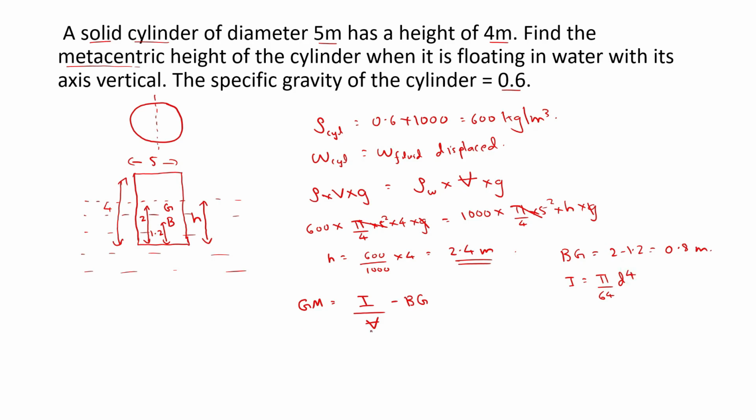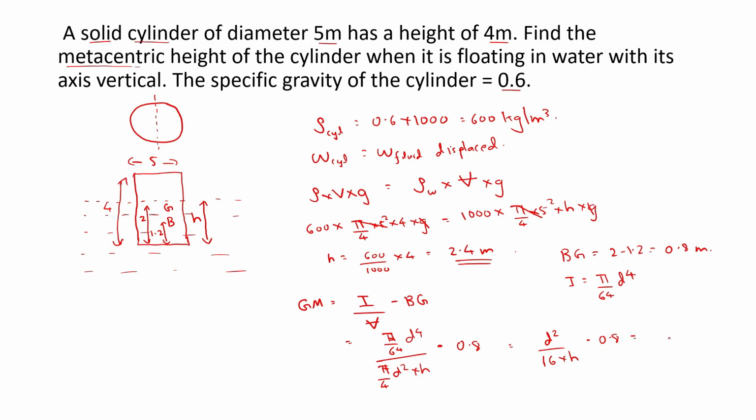And the volume displaced, you know the formula, is pi by 4 d square into h, minus BG, which is 0.8. So that is equal to d square by 16 into h, minus 0.8.